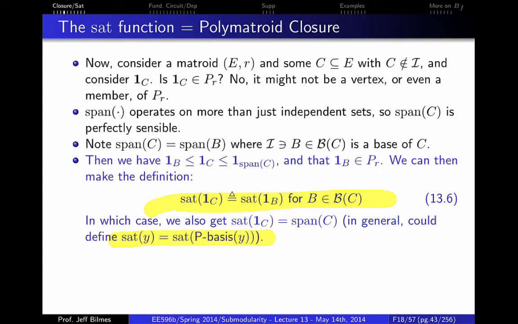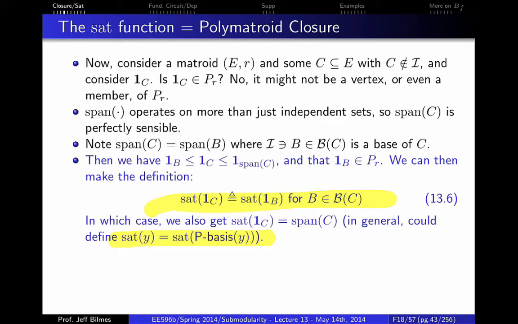If you try, you're not a convex combination of any of the other vertices or any other points in the polytope, and so therefore you're maximal with respect to the polytope. Or if you're not maximal with respect to the polytope, then any P basis of Y has got to be a subvector. So therefore, when you're an extreme point, you are your own P basis.